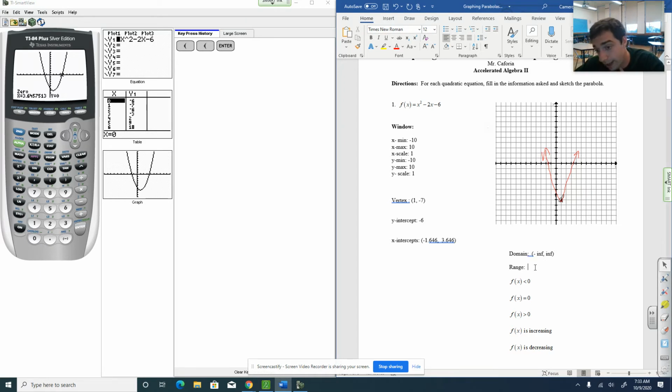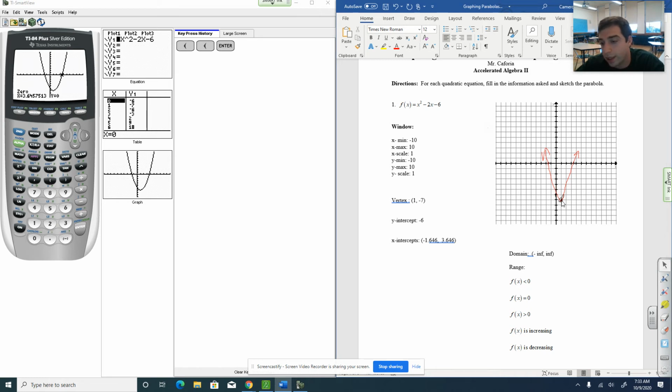Now, in the past, our range has always been that too. But for parabolas, we have to be careful, because we get to a point where we stop getting y's, either up here or down here. If we look here, we can get any y as we go down until we get to our vertex.